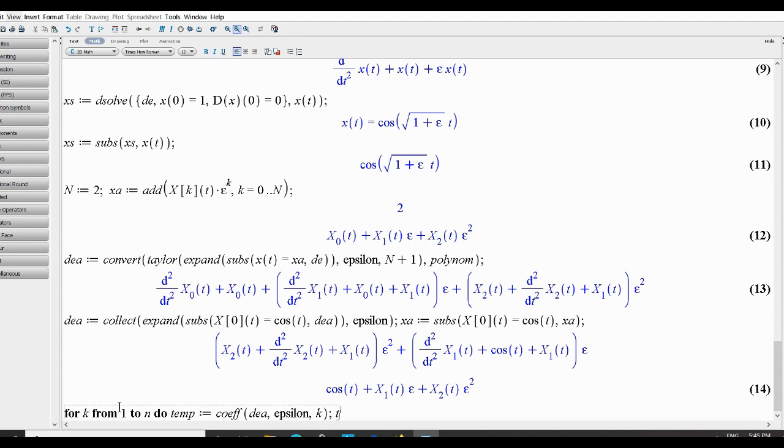I will say temp1 is equal to dsolve, and then I will say temp, xk of 0 is equal to 0, d of x, note the syntax, is equal to 0, xk of t.